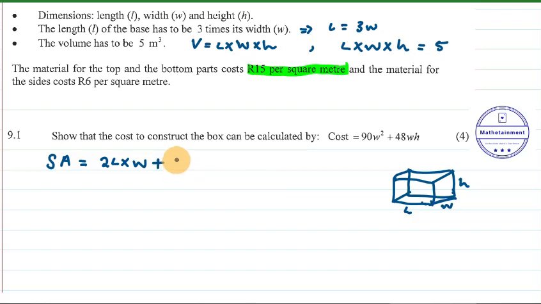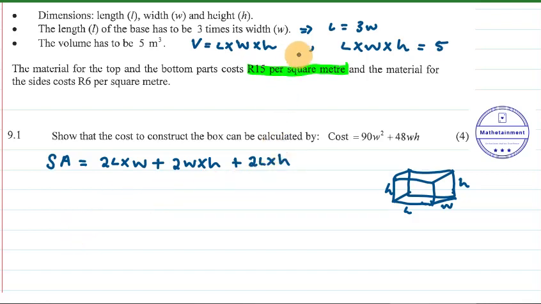So you end up having 2 width times height, plus the front view and the back view. This one is the height, so it's length times height, and on the back view it's also length times height. So you end up having 2 length times height. So this is the surface area that we have.